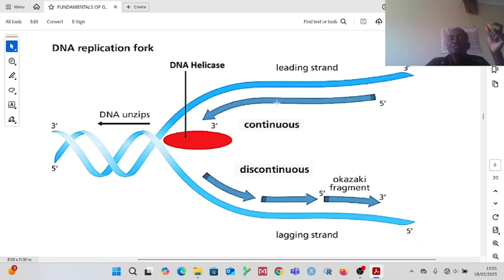So as the elongation continues, itakuja ifike hapa. Hii pia itatoka hapa ikuje paka huku nje. Then now, remember the helicase itakuwa inaendelea kufungua hii. Okay? So hii elongation ikiendelea, hii pia helicase inakata.